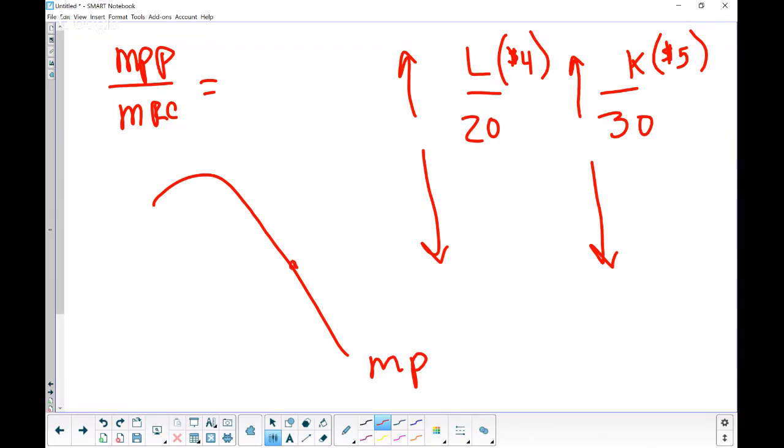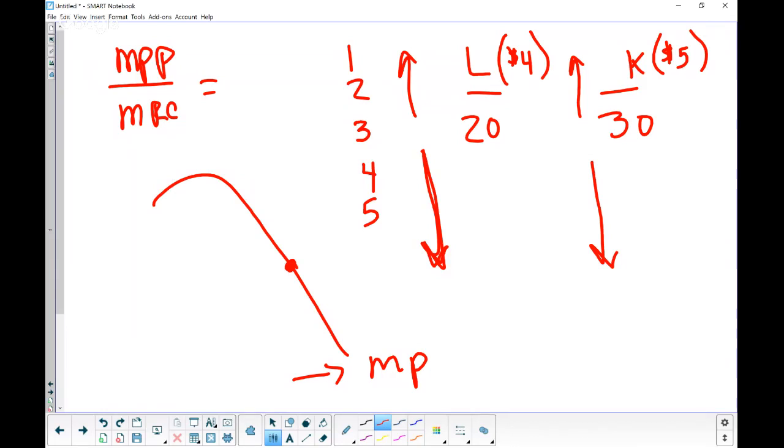So if we're operating here and we increase output, so again, this is like saying that we are producing 3 units, 4 units, 5 units, 2 units, 1 unit, right? So if we increase output, we're actually going to be working down this marginal product curve. So we're actually going to get less and less marginal physical product, right? We're going to get less. I hope that makes sense. If we decrease output and we go to 2 units, 1 unit, we're actually going to get more physical product out. That's going to be important for us because now our numbers are going to make sense.